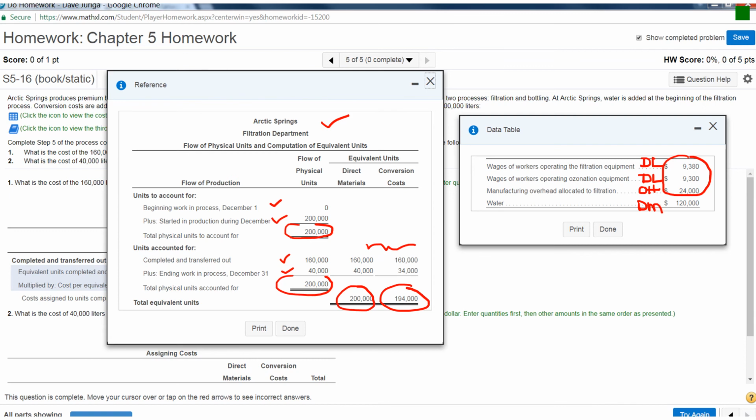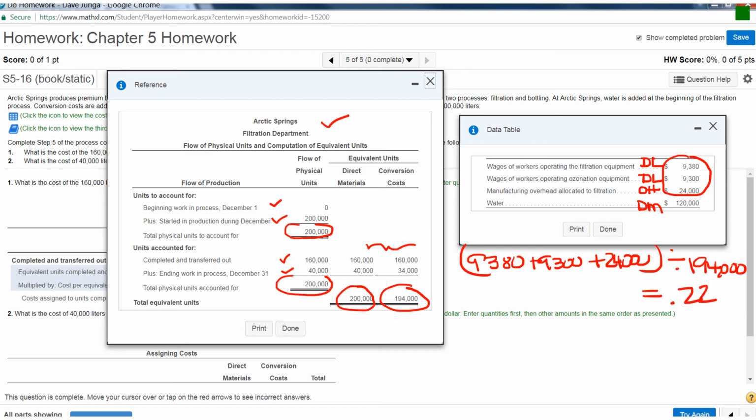Essentially, you're going to take the 9,380 plus the 9,300 plus the 24,000. I'm going to write this off over here: 9,380 plus 9,300 plus the 24,000. Then you're going to divide that by 194,000 units. When you do that, that's going to give you the 22 cents per unit.